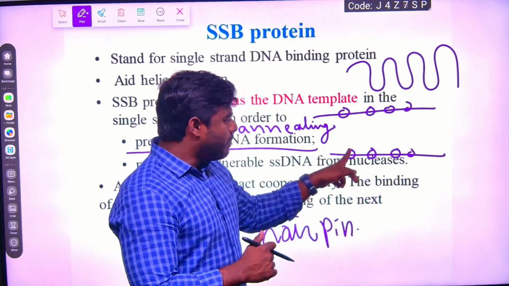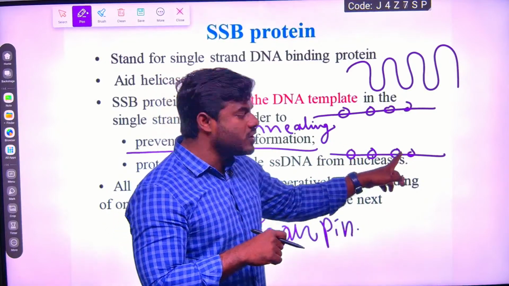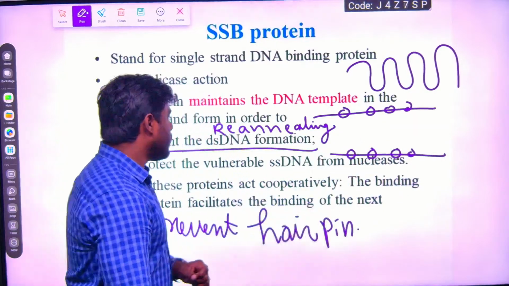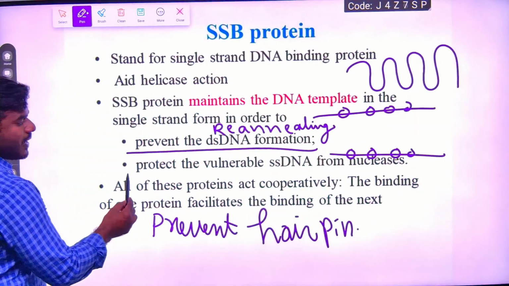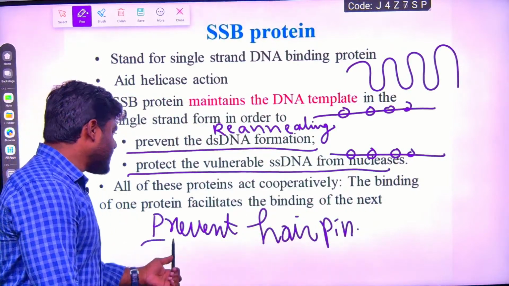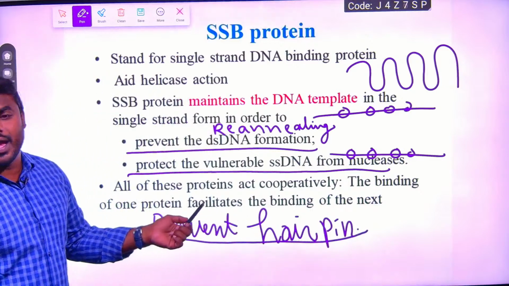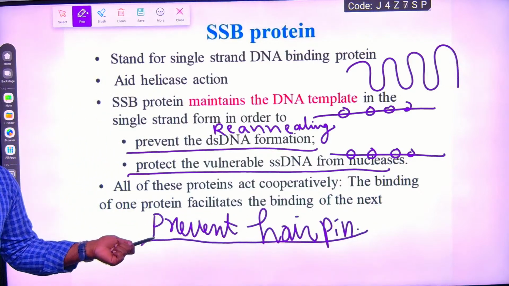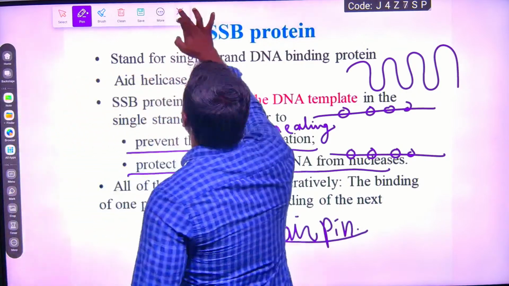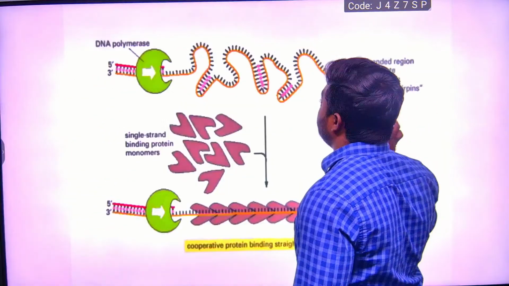But if the SSBPs are attached to this particular single strand, enzymes cannot degrade them. So they prevent the reannealing, they protect against degradation by the nucleases, and at the same time, they prevent hairpin loop like structures also, right? These are the major functions performed by these SSB proteins.